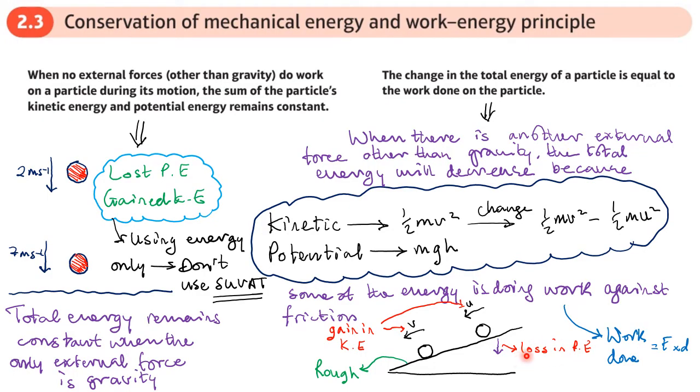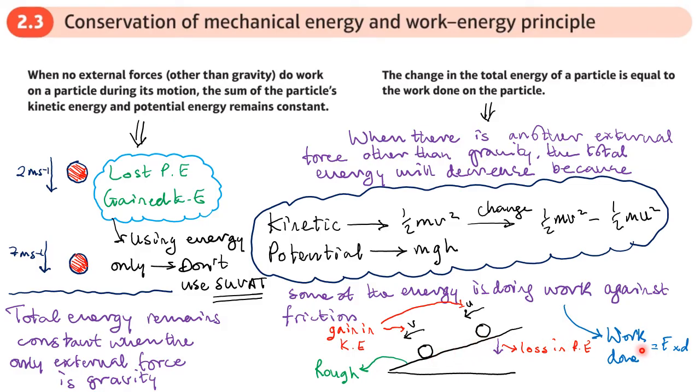Or even say, okay, my loss in potential energy is going to be greater than my gain in kinetic energy, which means that energy has been lost, and that's been lost because this particle has had to work against friction here.